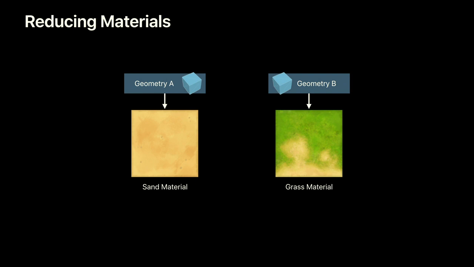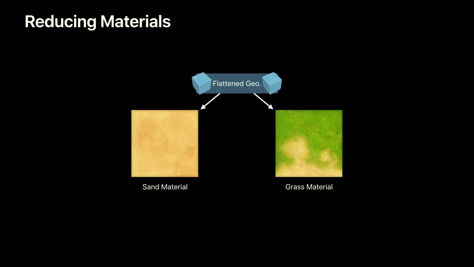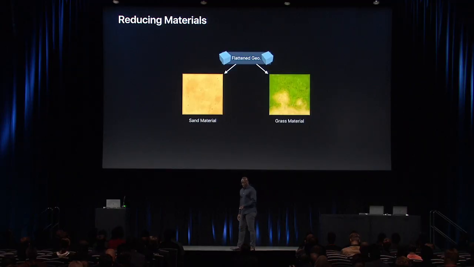If we run the flattening logic that I showed you before, we actually get that one combined Godzilla mesh, but we're still referencing two materials. So when the CPU has to talk to the GPU, it's going to say, hey, take this mesh and draw the sand material with it. Great. OK, now take this mesh again and draw the parts of it that use the grass material. You still get two draw calls. There's an opportunity here to reduce this.